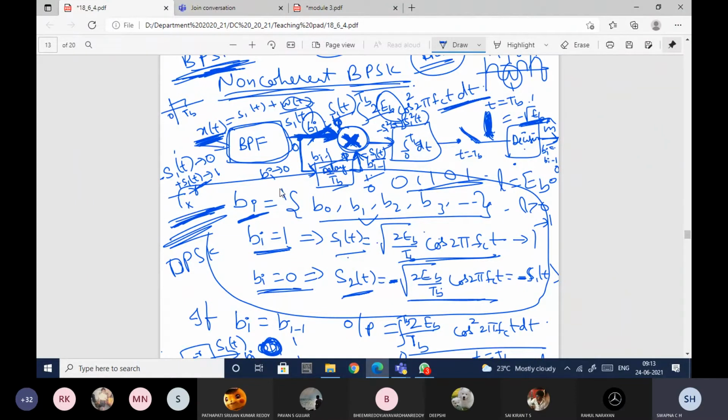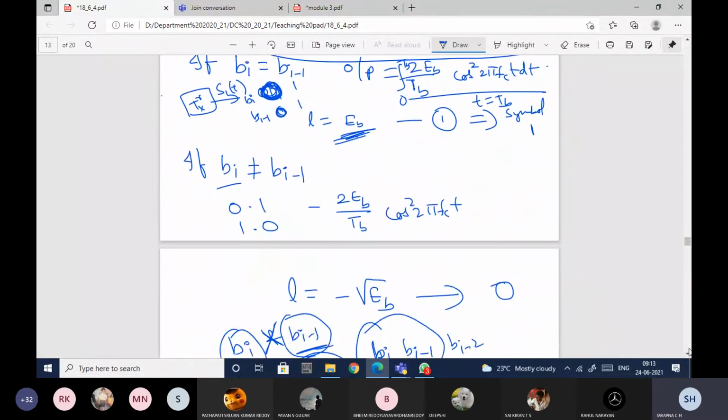In the same way, every time, whatever bits I'm receiving, the error in the detection is happening. The reason behind that is, since I'm delaying it and giving it to the product modulator every time. So let me just show you. Here let me consider 0 1 0 0 something like that. It is transmitted first.